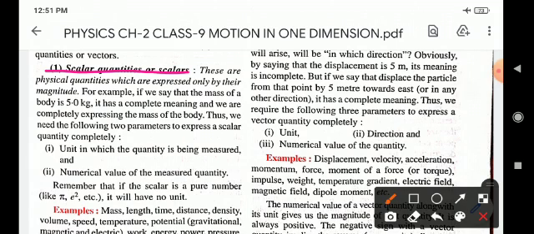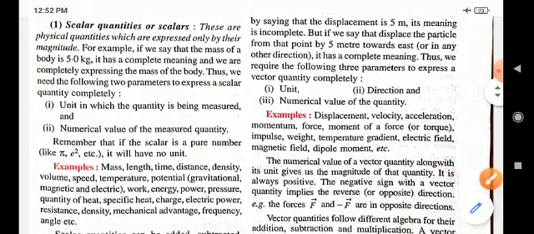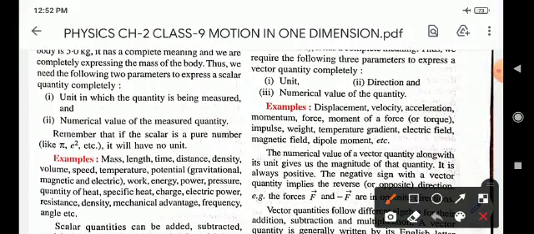A scalar quantity can be specified by a single number along with the proper unit. This is a very important part. For example, mass, length, time, distance, density, volume, speed, temperature, potential, magnitude of electricity, etc.